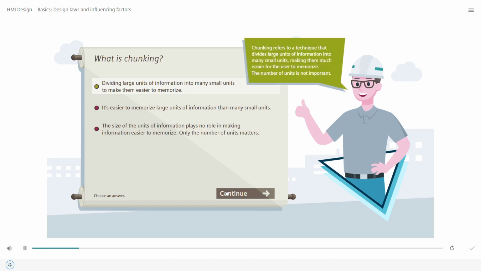Chunking refers to a technique that divides large units of information into many small units, making them much easier for the user to remember. The number of units is not important.